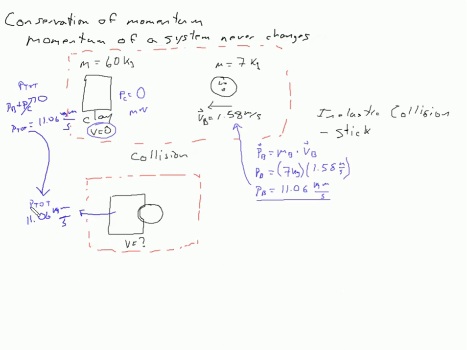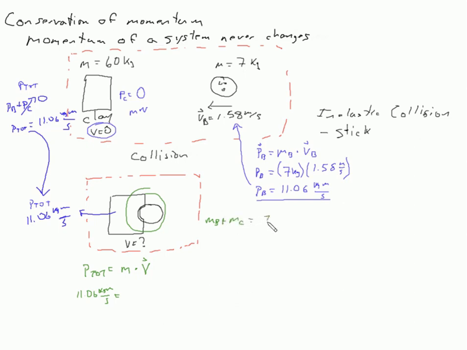So the total momentum now is equal to the mass of the combination times the velocity altogether. My momentum was 11.06 kilogram meters per second. And now we have both of these objects stuck together, so the mass is actually the mass of the bowling ball plus the mass of the block of clay.